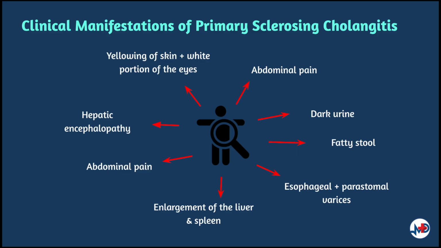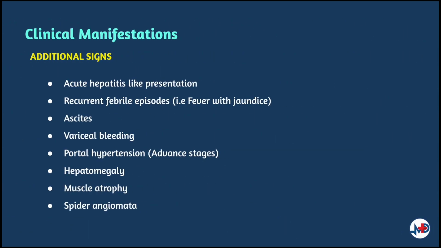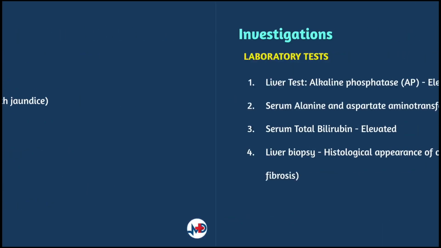So you look out for signs of chronic liver disease as well as evidence of portal hypertension. Symptoms consistent with these entities include variceal bleeding, ascites, and hepatic encephalopathy. Cholangiocarcinoma or manifestations of portal hypertension in advanced stages of liver disease can be looked out for also.